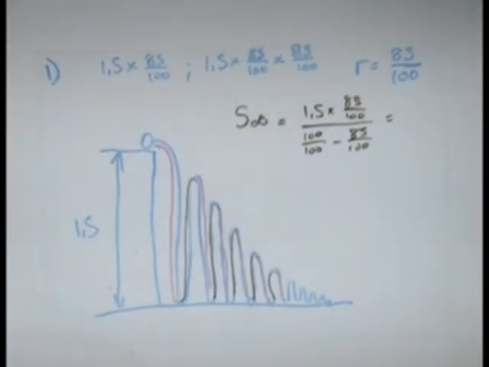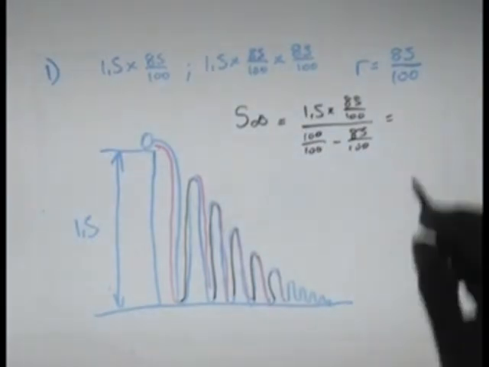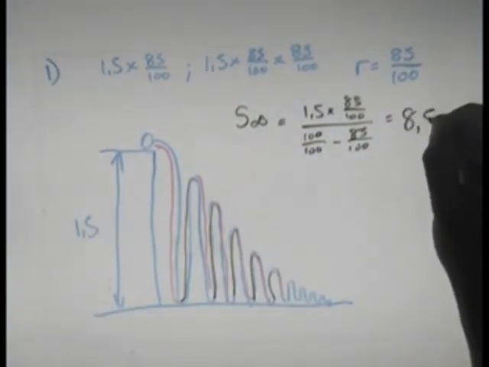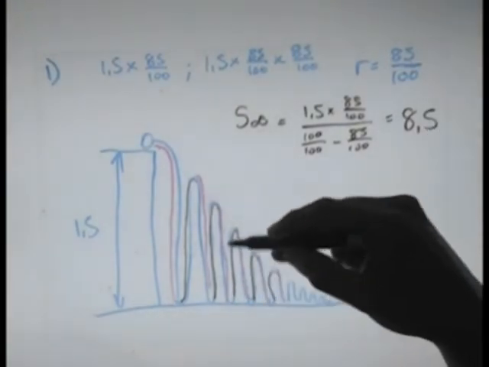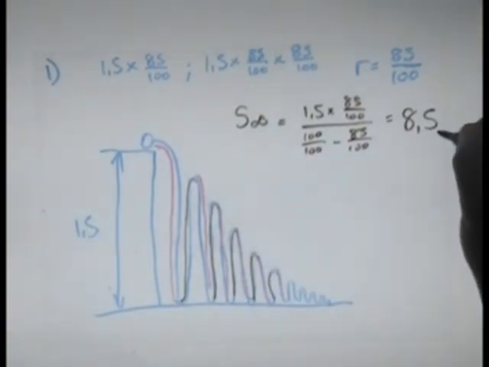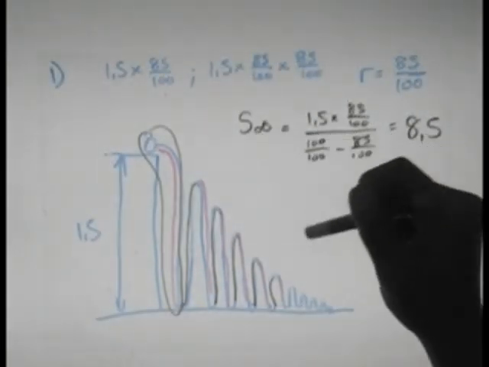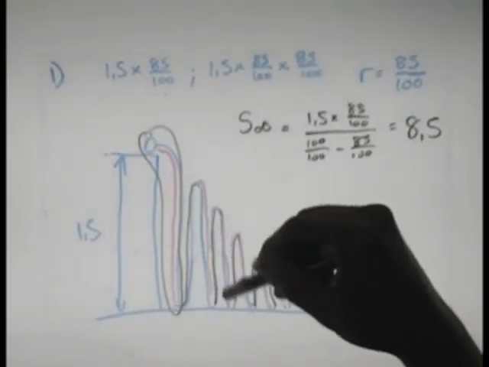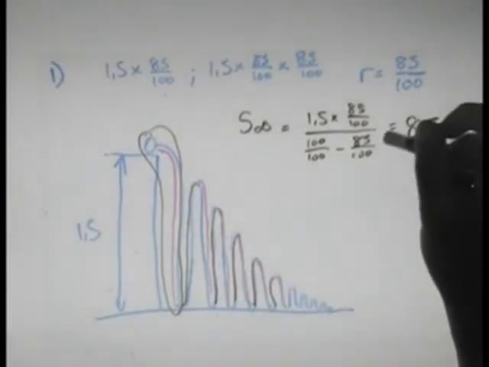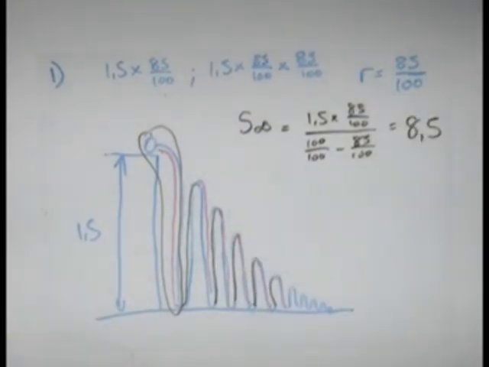So it's divided by 15 over 100, and that gives us an answer of 8.5 meters. That means the upward bounce is going to be 8.5 meters. So the sum to infinity of its upward bounce is equal to 8.5.